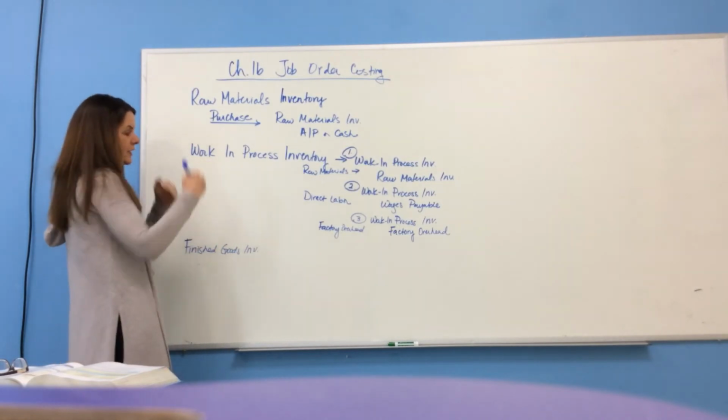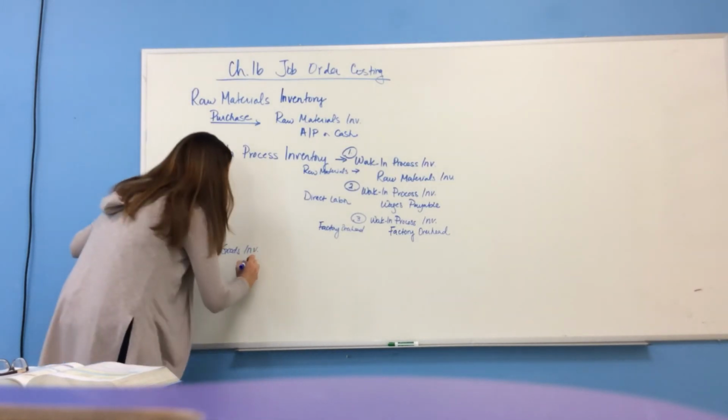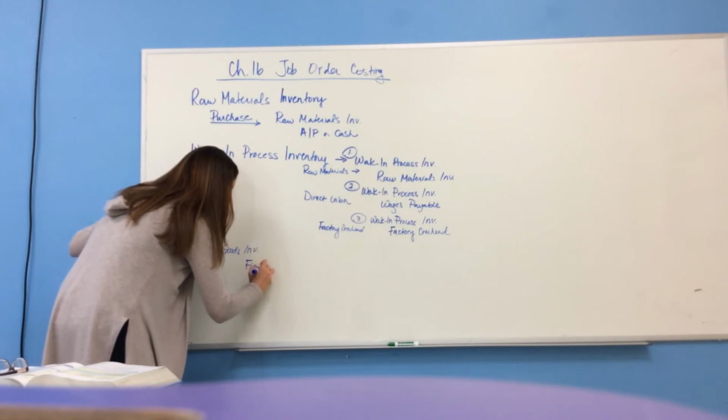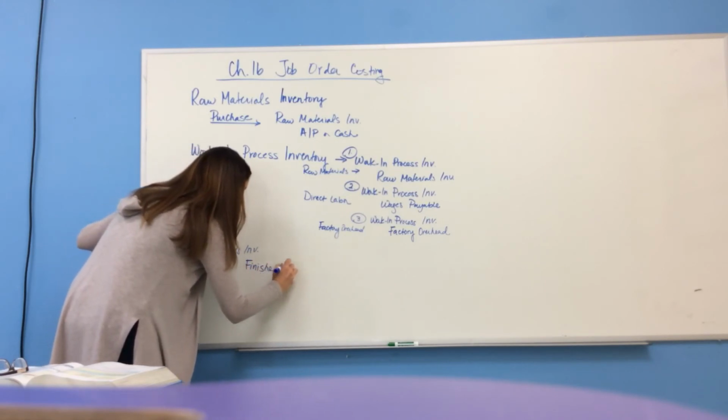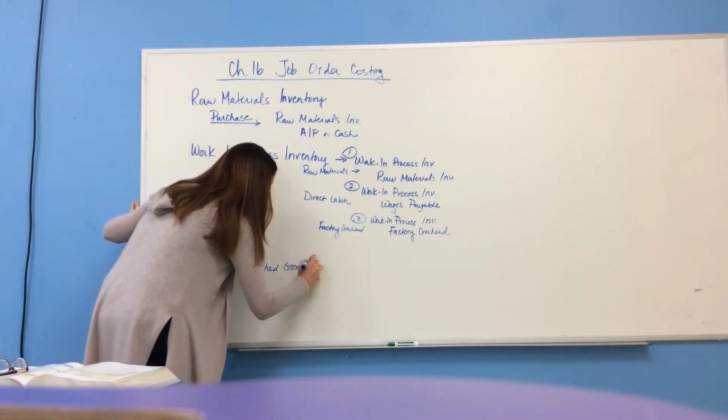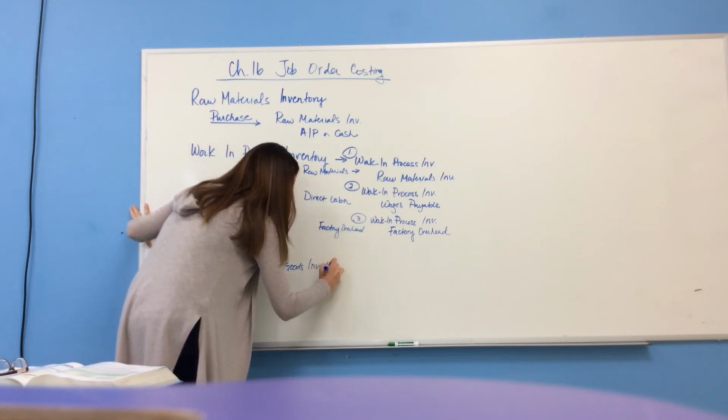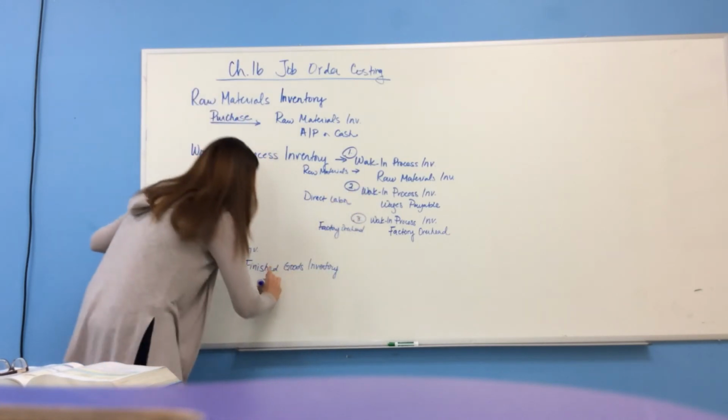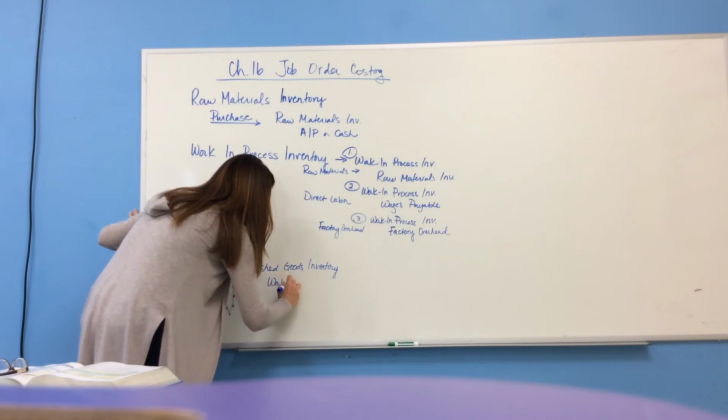And when you move it into finished goods inventory, you simply debit finished goods inventory. And you would credit just the one account, work in process inventory.